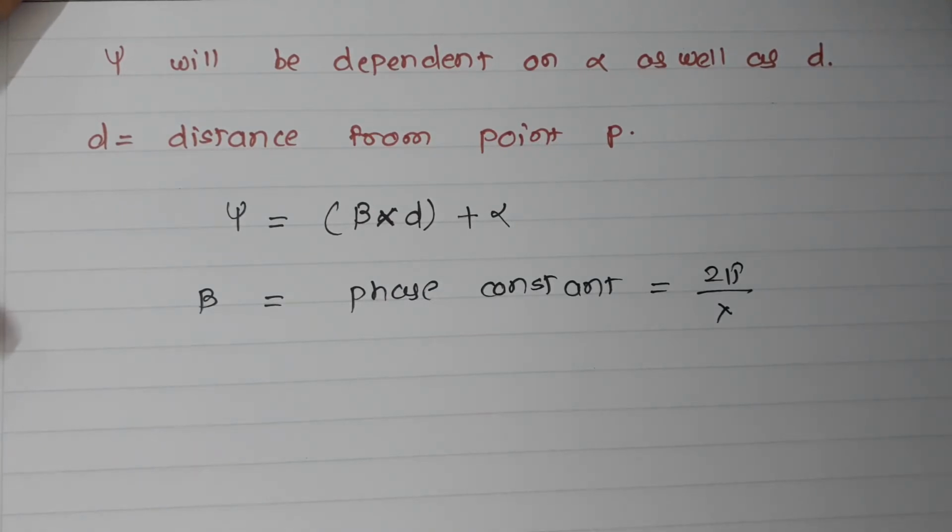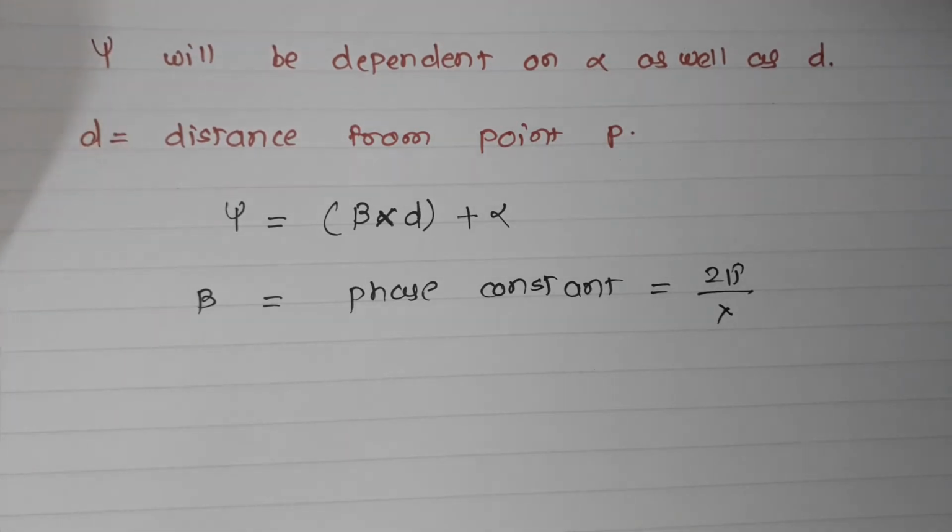In general, the distance of each antenna from point P cannot be the same, as these antennas are physically separated from each other, so this psi will be different. Whatever array is shown in the figure is the transmitting array, however the transmitting pattern is the same as the receiving pattern by reciprocity.